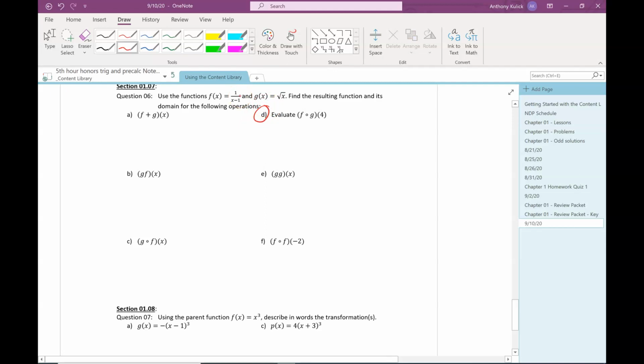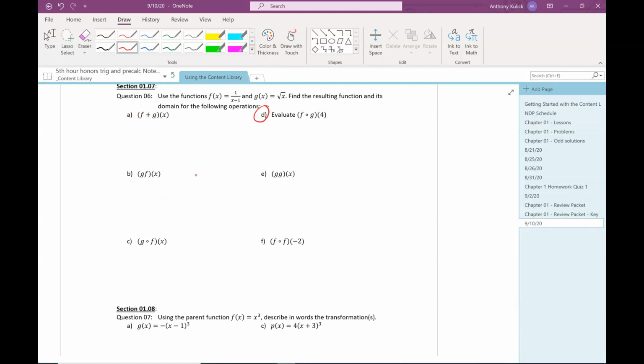So the trickiest situation here, Abigail, is dealing with the composition. But it's not that bad. The ones where you're just having addition or subtraction or multiplication are typically much easier to deal with.